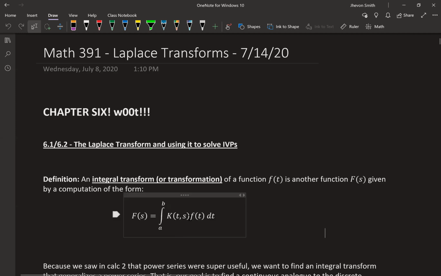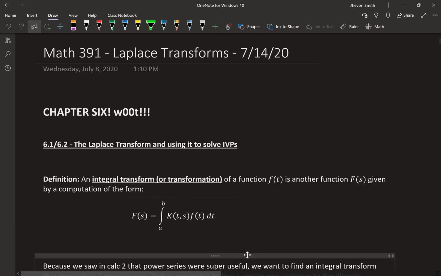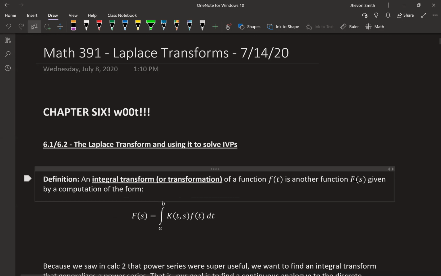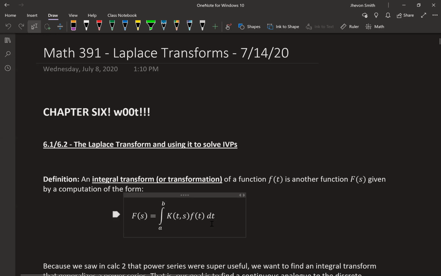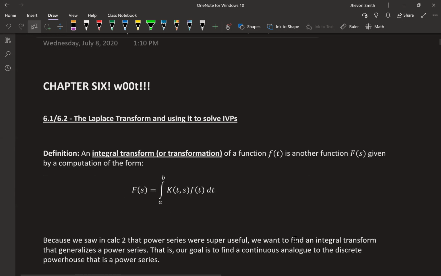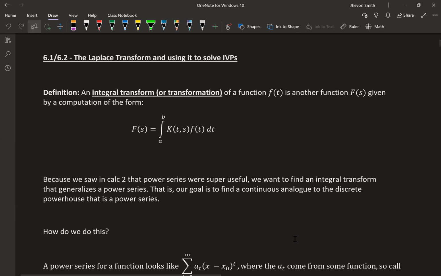We're going to plug it into this formula with an integral, and the output is going to be some other function, namely that function is going to be called F(s), right? So for a function f(t), we can calculate another function F(s) by this kind of formula. This is called an integral transformation. So it's basically a formula that uses an integral to take functions as inputs and output other functions as outputs.